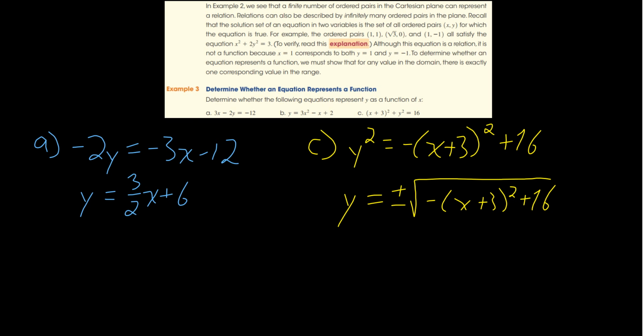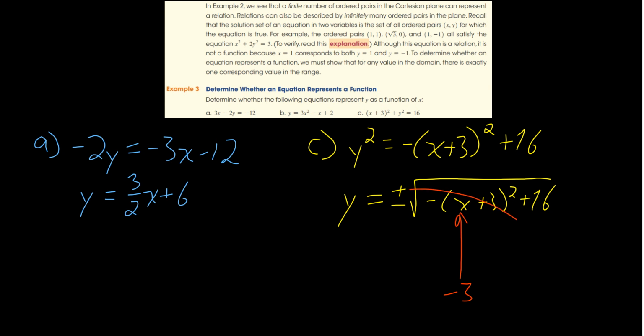So if I plug in some x value here, let's plug in negative 3. Negative 3 plus 3 is 0, 0 squared is 0, negative 0 is 0, so that knocks that out.